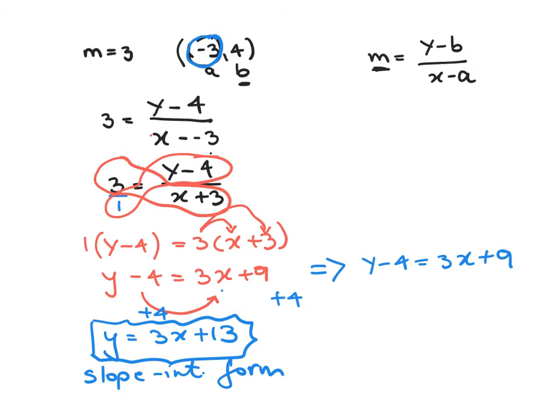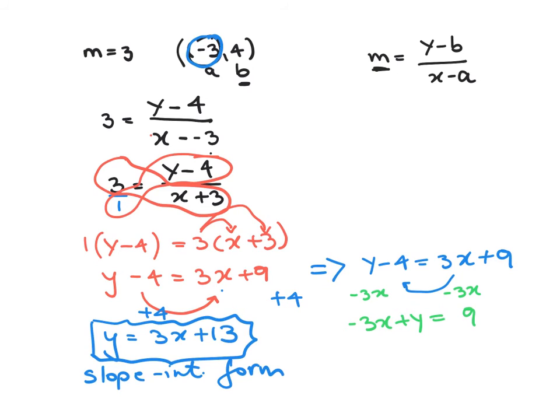Now I'm going to move 3x to this side, which means I'm going to take away 3x. What I'm going to end up with is negative 3x plus y equal to 9. I still have 4 on this side. Let's move the negative 4, I'm going to add here.